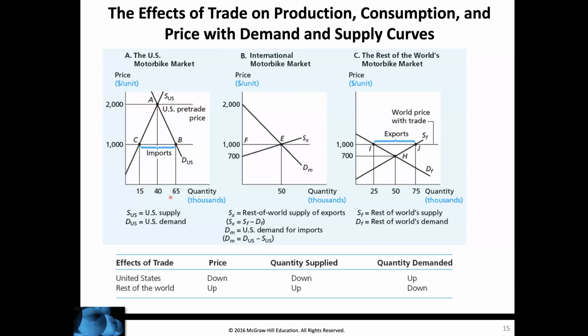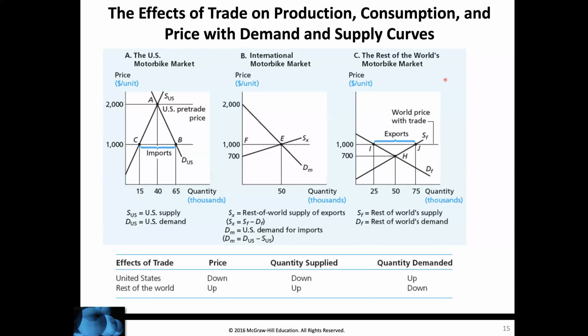They want 65,000, not the 40,000 at the equivalent price of 2,000. So at this price, we will have this amount of imports. We've got 50,000 imported at the price of 1,000, the new world price.